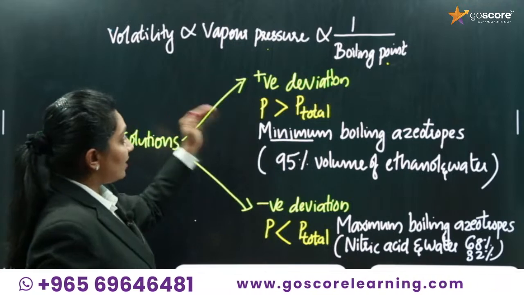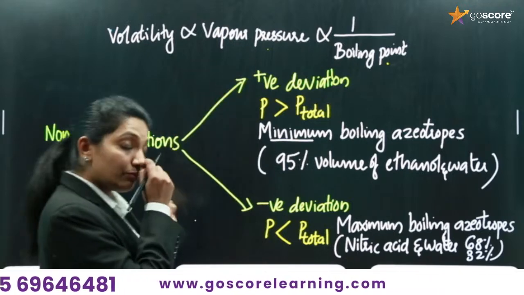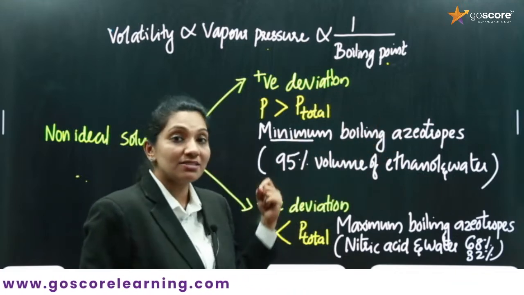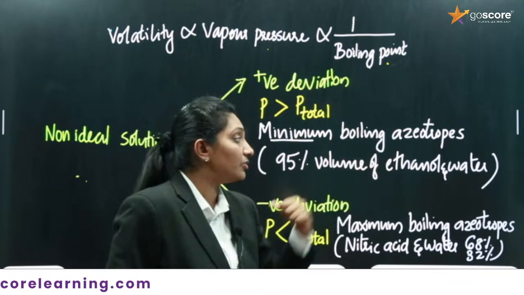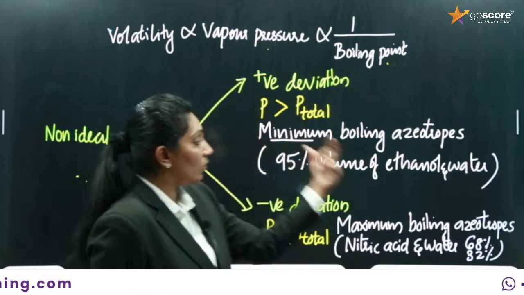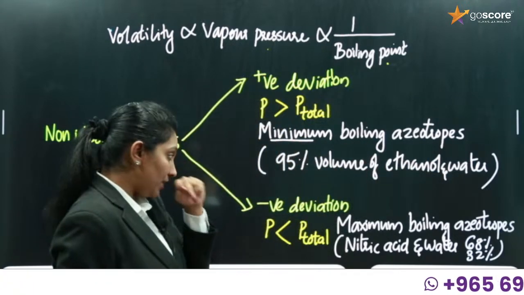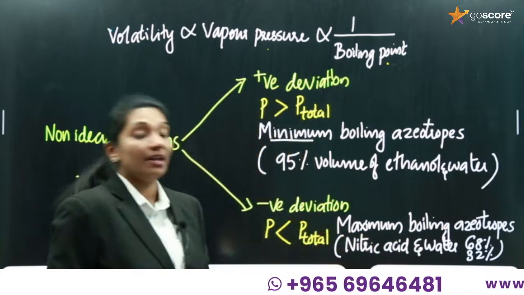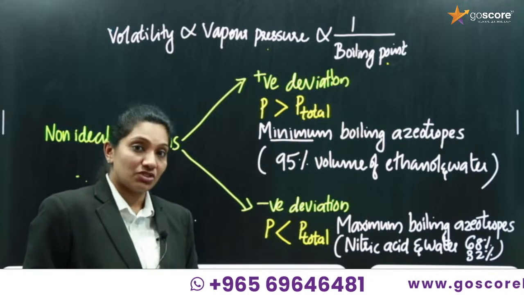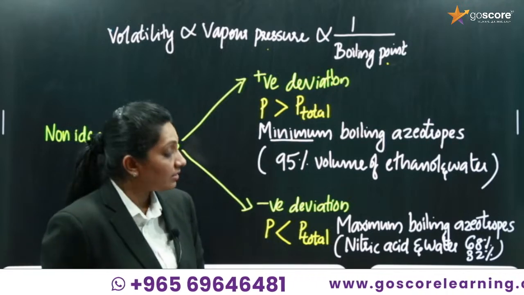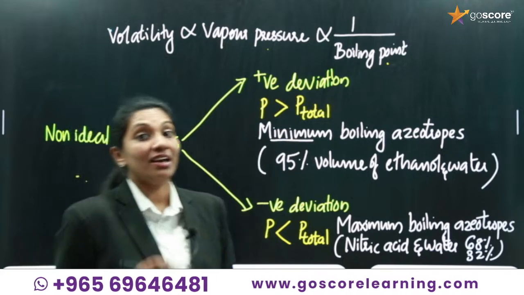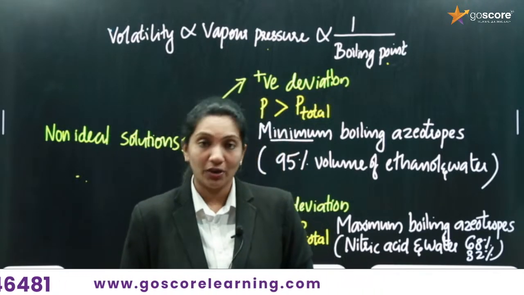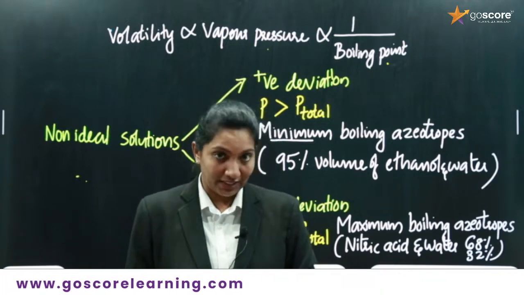The azeotropes that show the positive deviation from Raoult's law are the minimum boiling azeotropes, and the example is 95% by volume ethanol and water. And the maximum boiling azeotrope example is nitric acid and water, 68% nitric acid and 32% water mixture. So I hope azeotropes are clear for you.